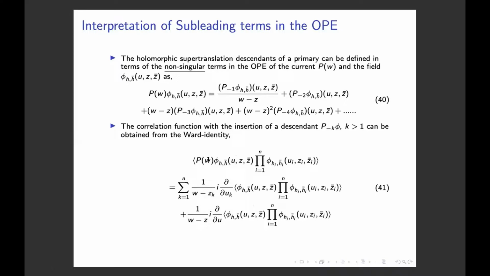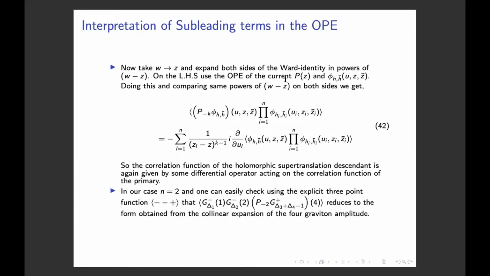On the left hand side I substitute this OPE, which is there in equation 40, and on the right hand side I do an expansion in powers of w minus z. If I then compare the coefficients of equal powers of w minus z on both sides, what I get is this equation 42, and this basically tells me about P_{-k} acting on phi.